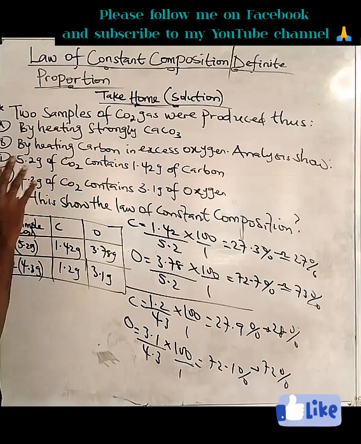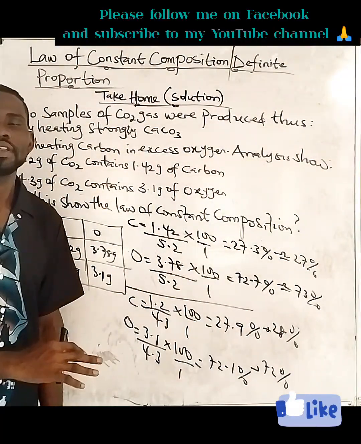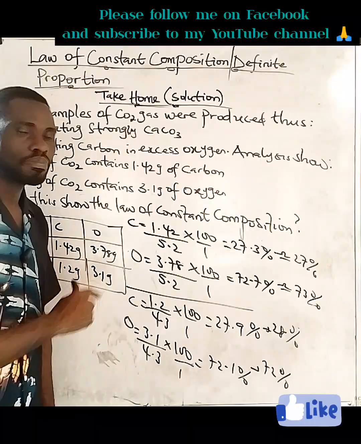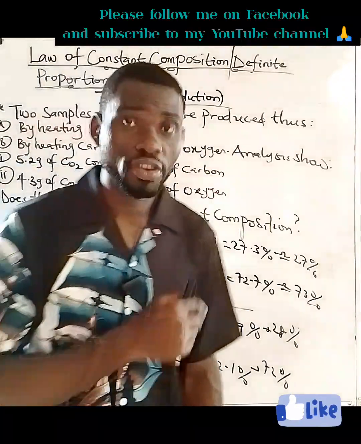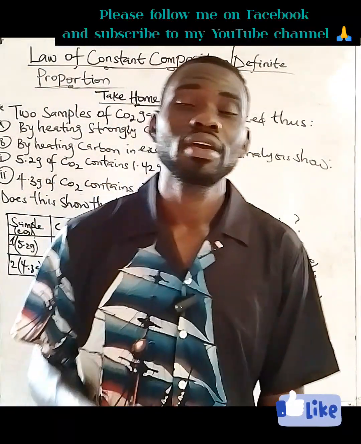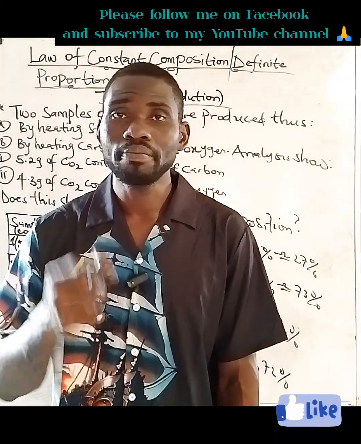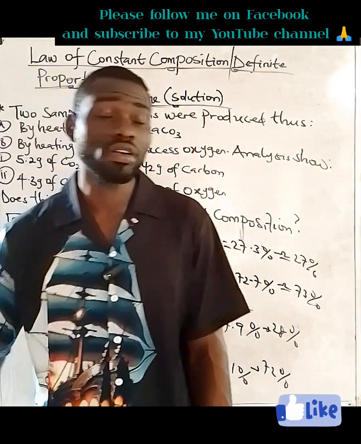So it means this whole experiment obeys the law of constant composition. As simple as that. If you got this question solved also, you got it right, it means you understood what we did in our previous lesson on the law of constant composition.